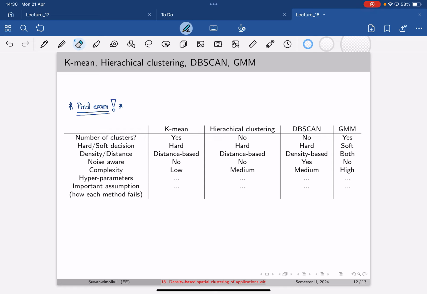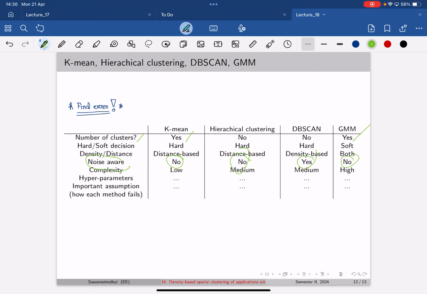Let's say, which algorithm needs the number of clusters? You should be able to tell it's k-means and Gaussian mixture model. And is it noise aware? K-means is not noise aware, hierarchical is not noise aware, GMM is not noise aware, DBSCAN is noise aware.